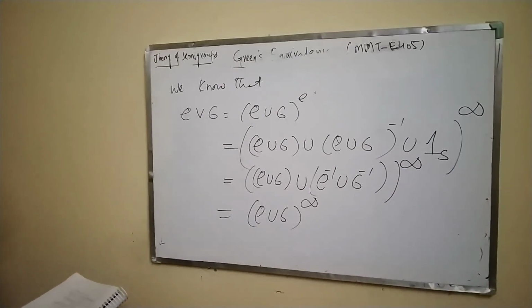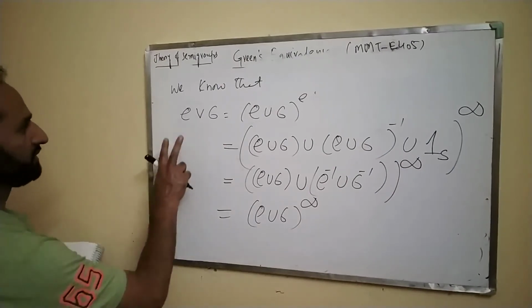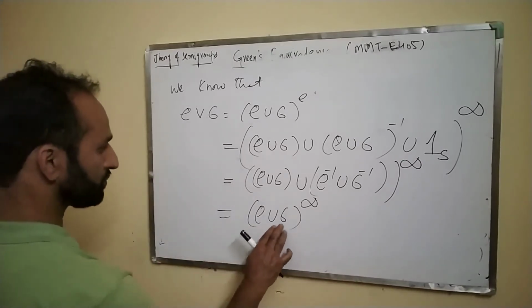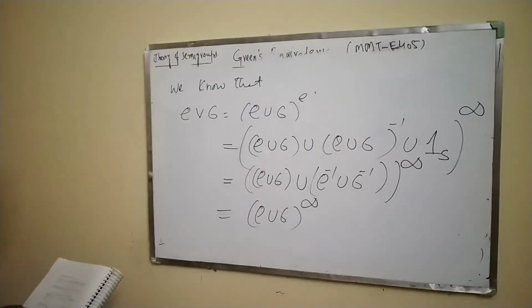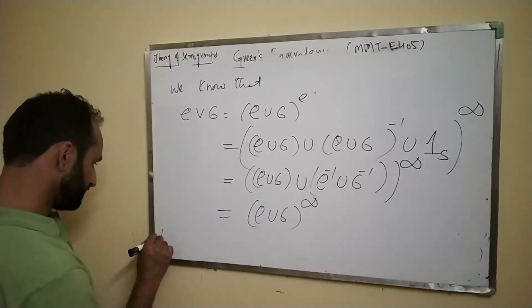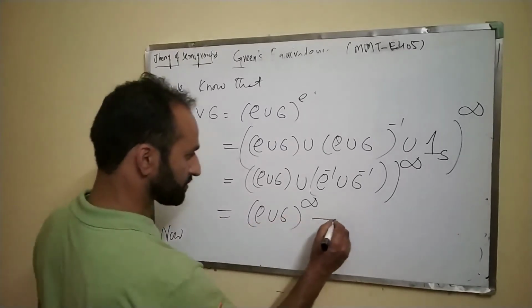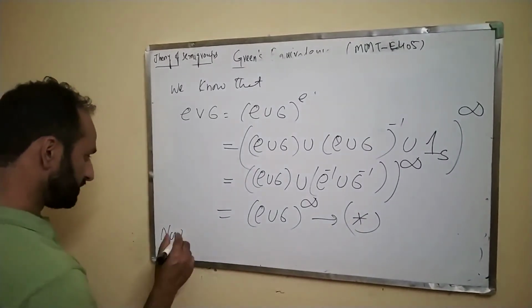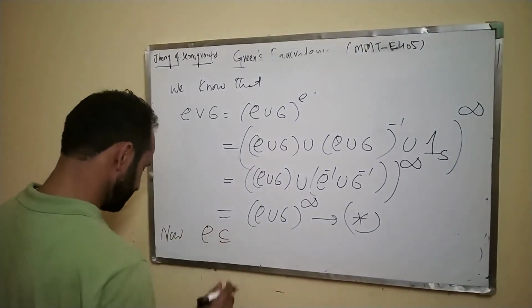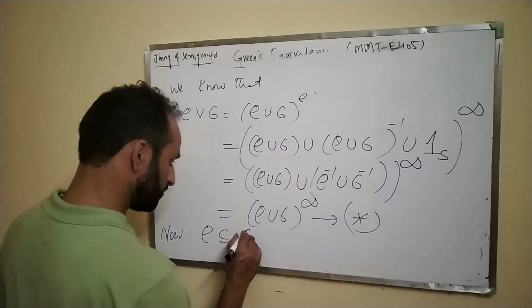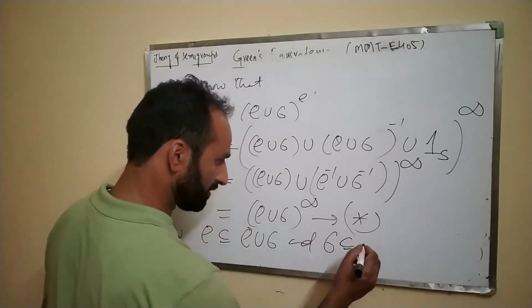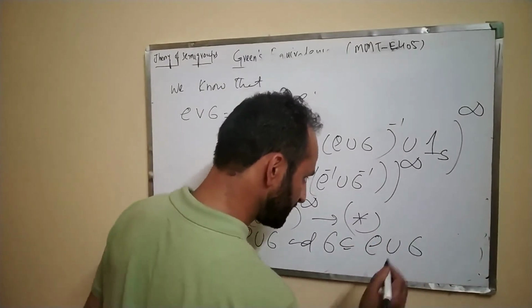Okay. So we have seen that the join of rho and sigma is equal to rho union sigma power infinity. Now let's look at this. Now name it star here. This is an important relation. Now rho is a subset of rho union sigma, and sigma is also a subset of rho union sigma.